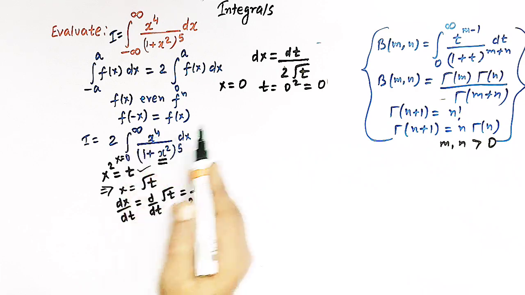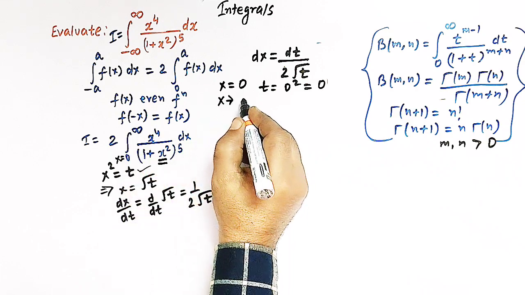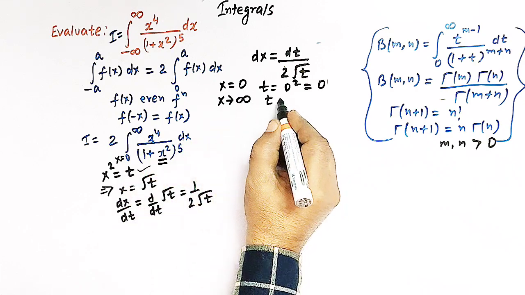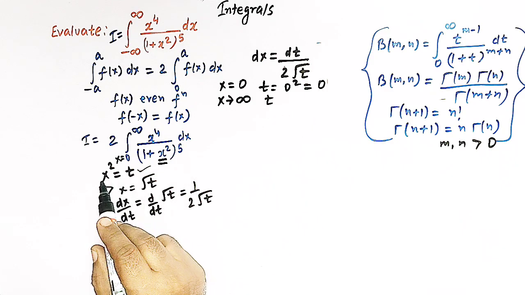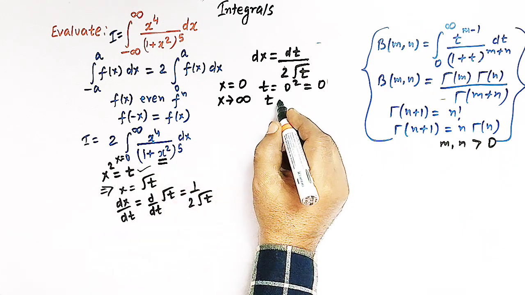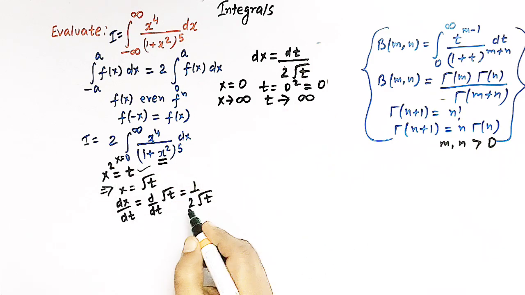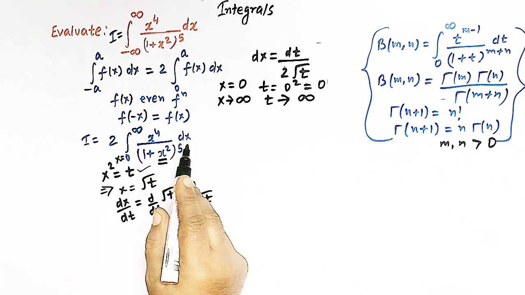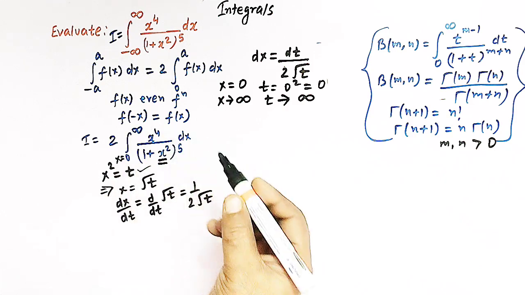And when x tends to infinity, t is equal to infinity square, that is t also tends to infinity. Now let us write this integral in terms of t.